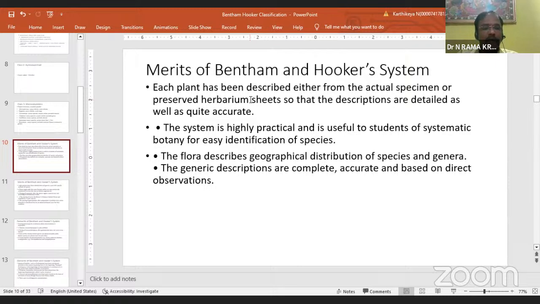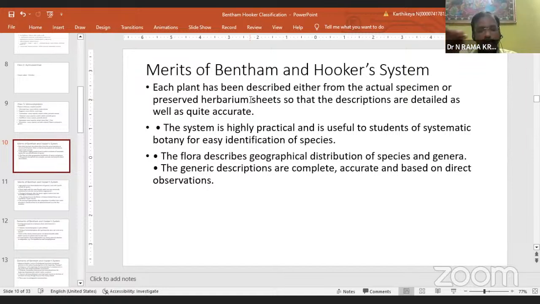Next, dicots are placed before the monocots. This position is approved in all present taxonomies. Next, this system is totally phylogenetic.